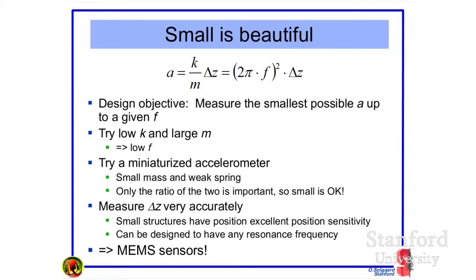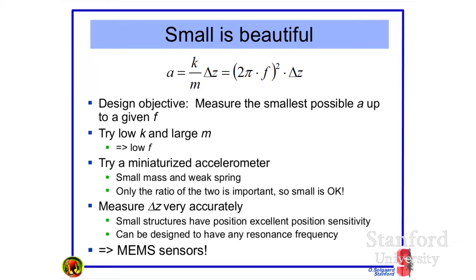What we can try to do is to make a miniaturized accelerometer. So now we have a very small mass, but we also compensate by making a very, very weak spring. It's only really the ratio of the two that is important. So small is okay. It's okay to have a small mass because you can also make a weak spring and still maintain a good, small, measurable acceleration.